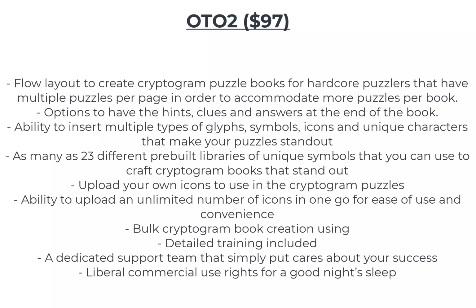So at the moment we've got the hints and the clues on the same page, but with optional upgrade number 2, you can choose to have these at the end of the book, which customers can then go and refer to. So you could say, for example, hints and clues start on page whatever.